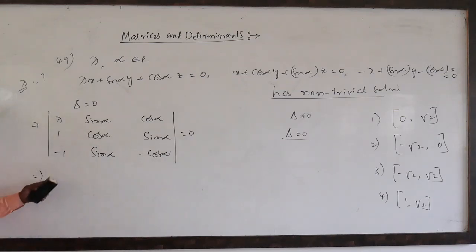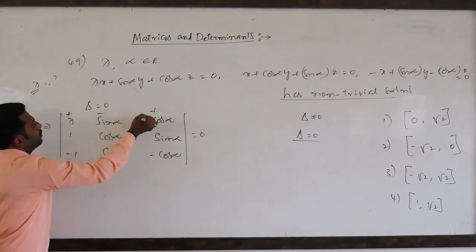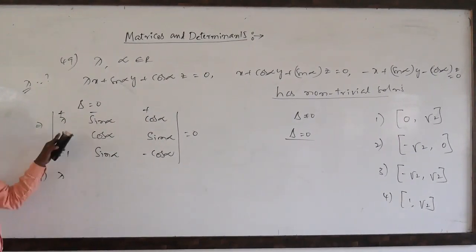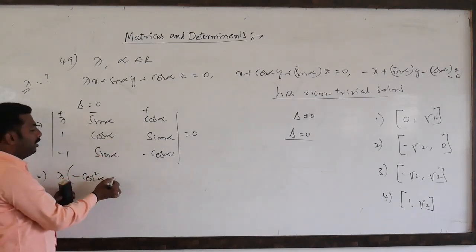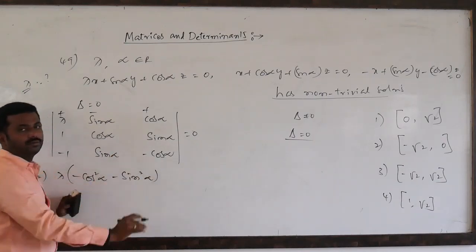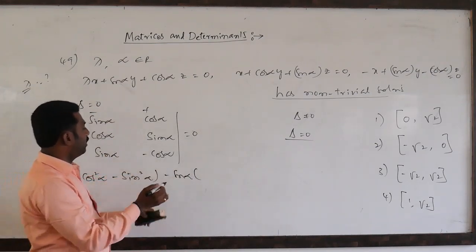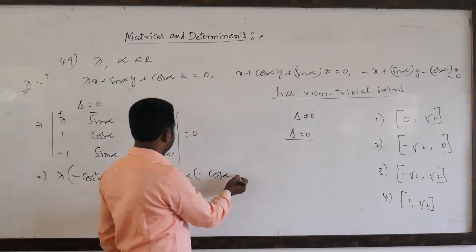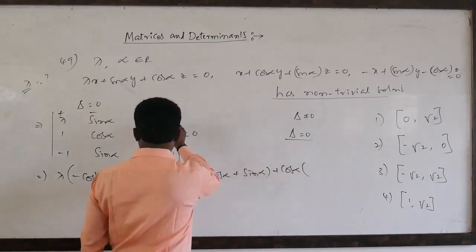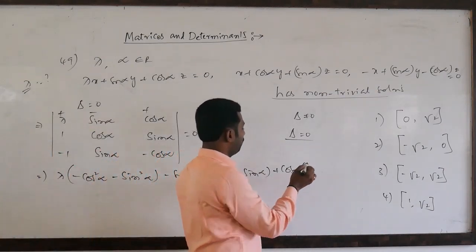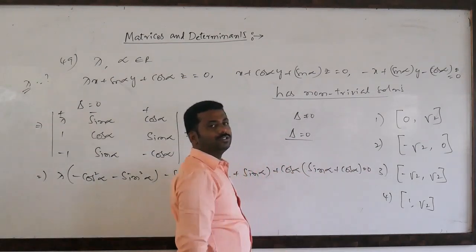Expanding along the first row: lambda into minus cos square alpha minus sin square alpha, minus sin alpha into minus cos alpha plus sin alpha, plus cos alpha into sin alpha plus cos alpha, equal to 0.